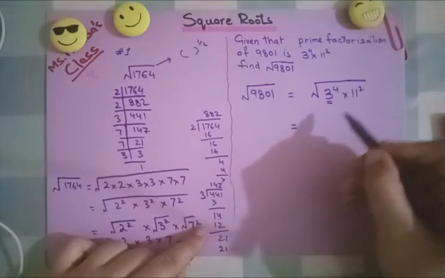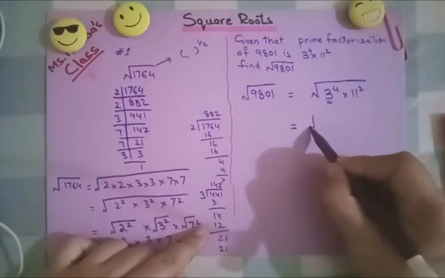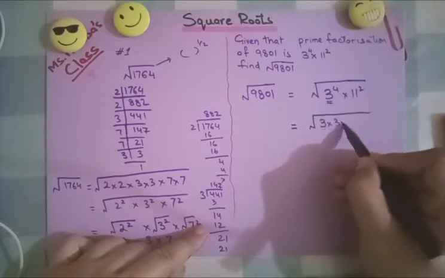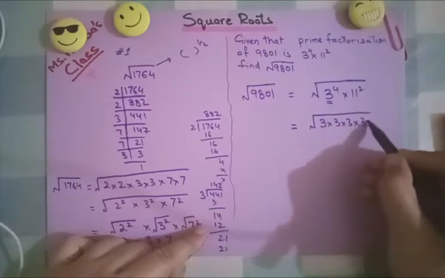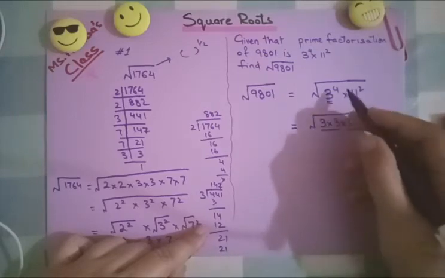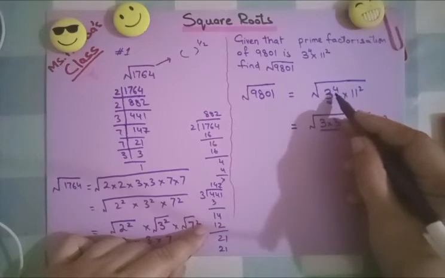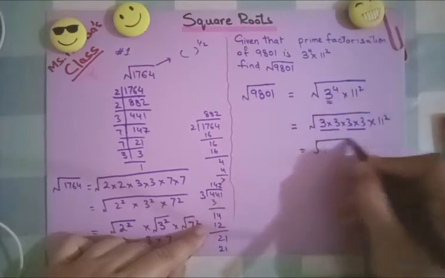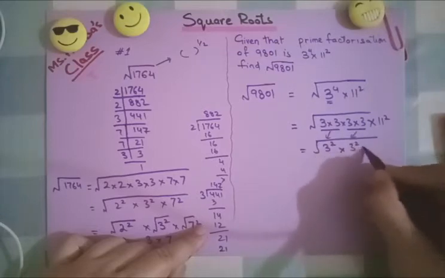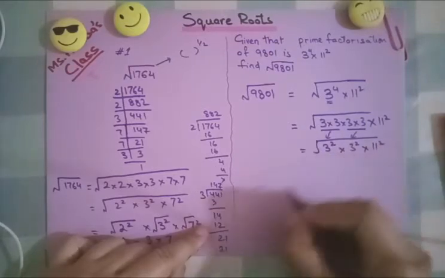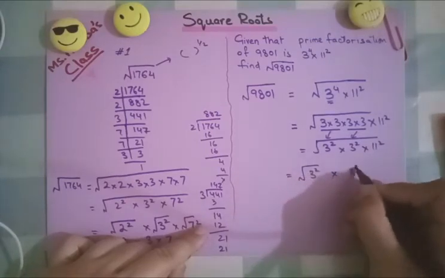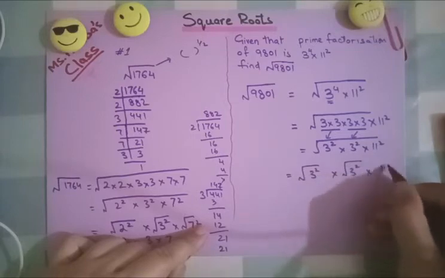What you will do, it's an easy way to split it. Like I can write it as 3 multiplied by 3 multiplied by 3 multiplied by 3 multiplied by 11 square, and from here I can make pairs, or directly I can split it into two parts. And the next step will be 3 square multiplied by 3 square multiplied by 11 square. Again the same step, I will separate their radicals, square root of 3 square multiplied by square root of 3 square multiplied by square root of 11 square.